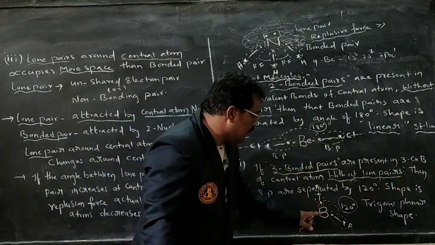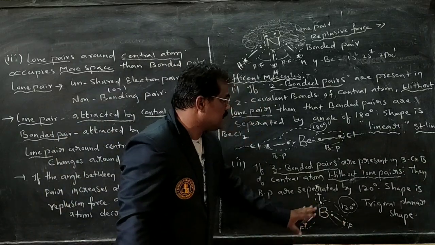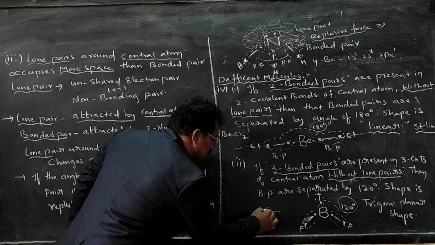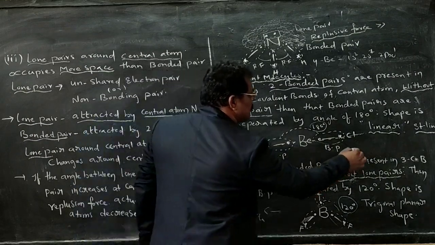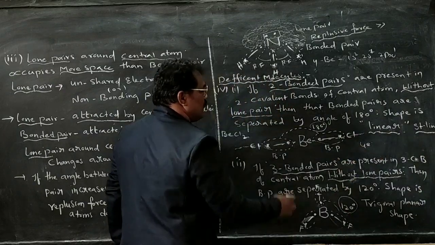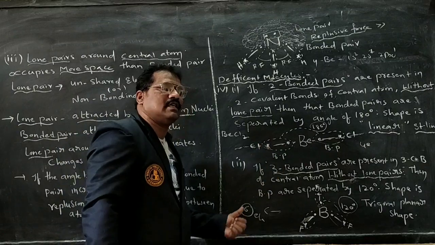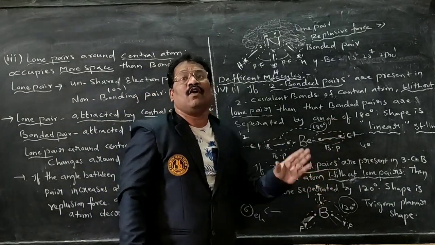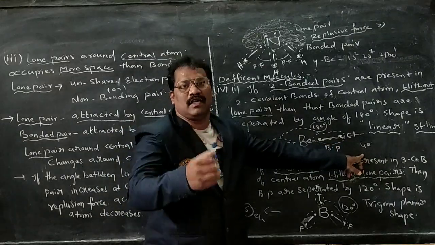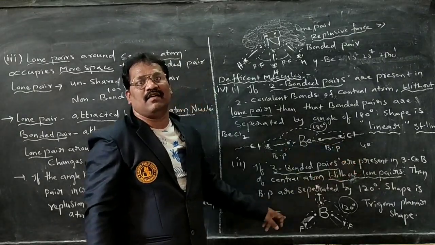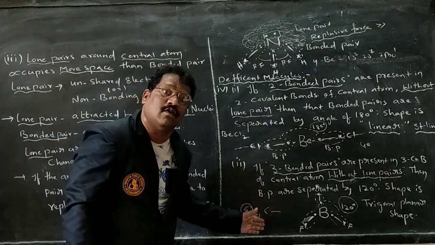Here also, boron has 6 electrons: 1, 2, 3, 4, 5, 6. It is also two electrons less. When it comes to beryllium chloride, it has 4 electrons. So there is a deficiency of octet configuration: here it is 4 electrons less, and here 6 electrons, 2 electrons less.